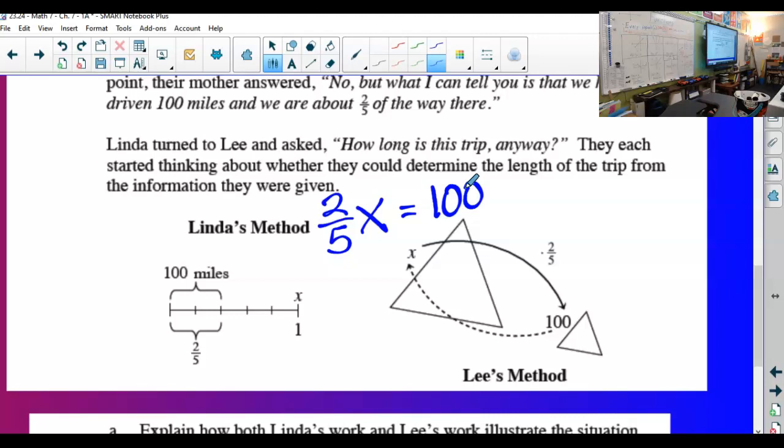Make sure we write that we have 2/5 X. You're missing that X in there because that's what we're trying to figure out. Lane, my only concern is that you don't have a partner, so feel free to get with somebody else to talk to.